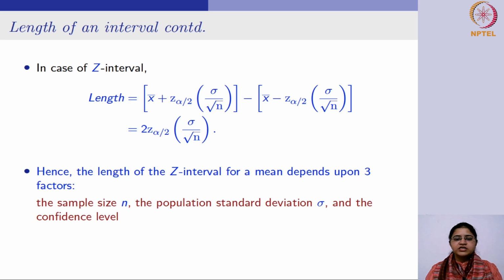So if you are taking samples of larger size, then your length would decrease. That is the first thing. The second thing is your standard deviation. That is not in our control, but yes, if it decreases, the length would decrease. And the third factor is your confidence level. So let us interpret what it is, and then we will come back to this slide.